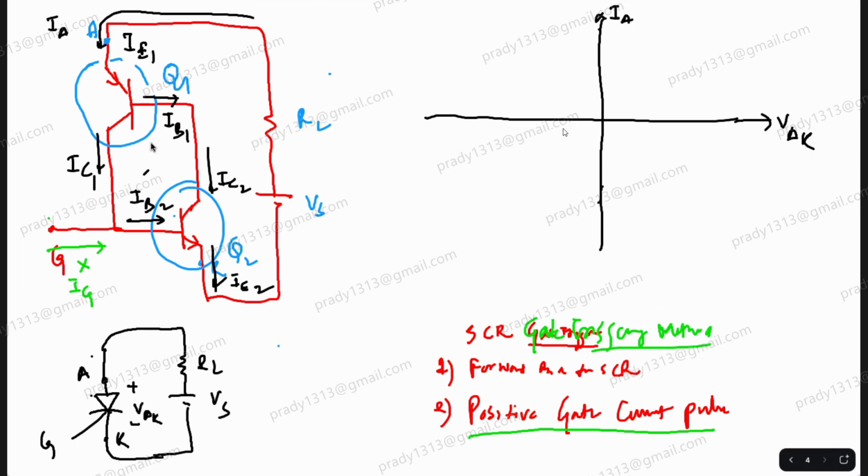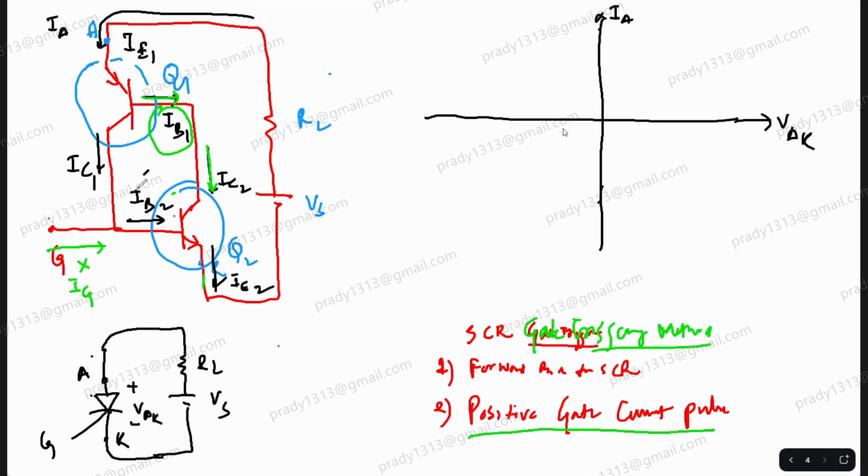Please pay attention. For this base current to flow, this collector current path should be there, right? If there is no path for collector current to flow, will base current flow? No, sir. So unless Q2 starts conducting on its own, can Q1 conduct before it?